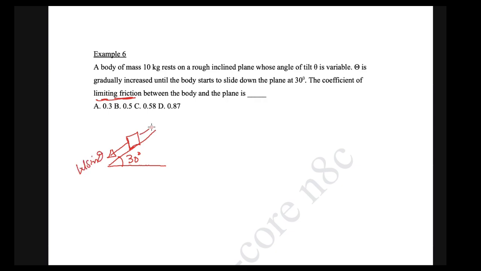Then the frictional force is going to act in the opposite direction. All right, since it's static or limiting friction, acceleration is going to equal 0 meters per second squared. So then we're going to say that for the force along the plane, W sin theta minus frictional force must equal 0. Then frictional force is equal to W sin theta.